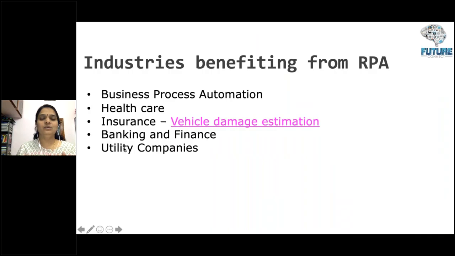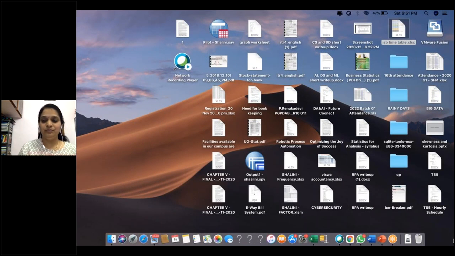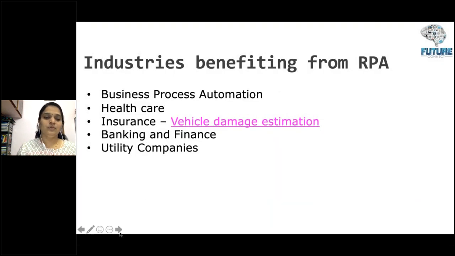Using that, the report is prepared and the report is shared even with the customer and the person who is in charge of the insurance company. Then the process goes on. This just takes a few clicks and a few minutes to process the vehicle damage estimation. So RPA is rapidly processing all the processes and speeds up the time-taking process.